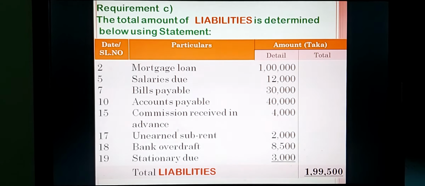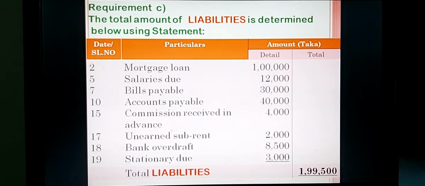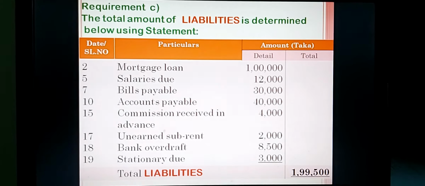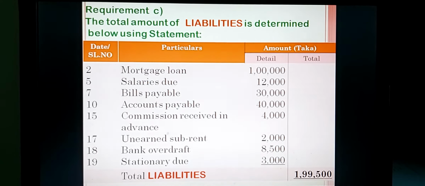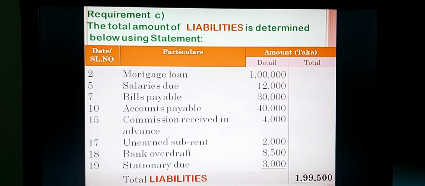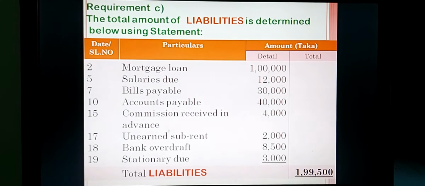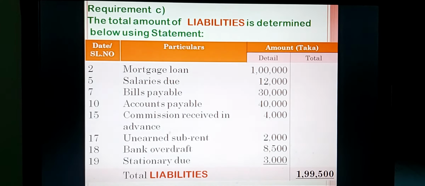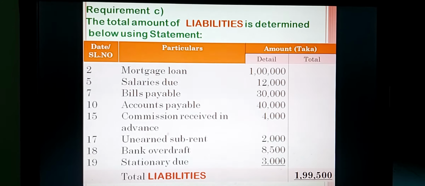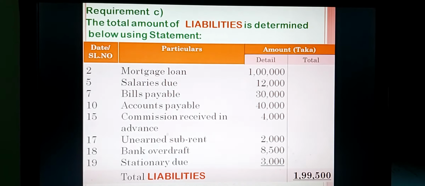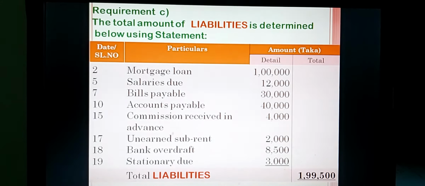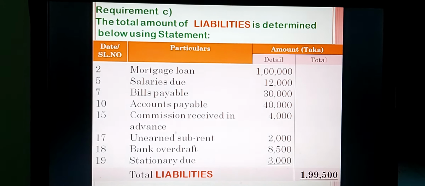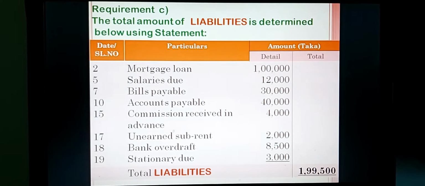Commission received in advance. You know that commission received is one kind of revenue, but when it is received in advance or unearned, then it is treated as a liability. Next one, unearned sub-rent, that is, advance sub-rent from the subtenant.